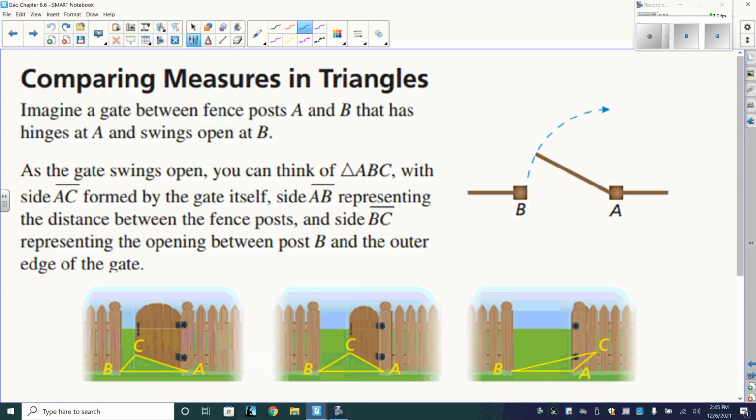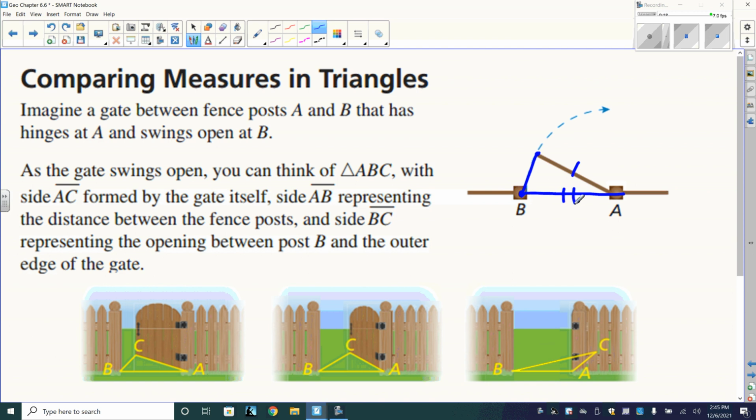All right. Let's look at 6.6. What we're looking at here is something called the hinge theorem.